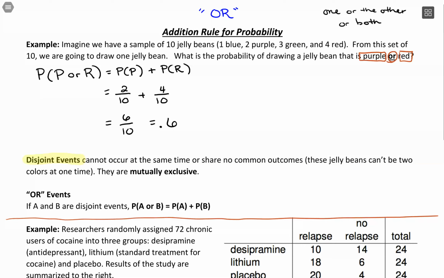So we'd say there is a 60% chance of drawing a purple or red jelly bean.